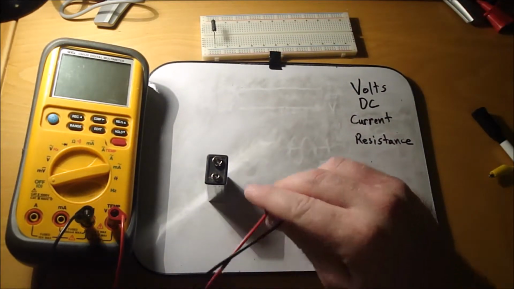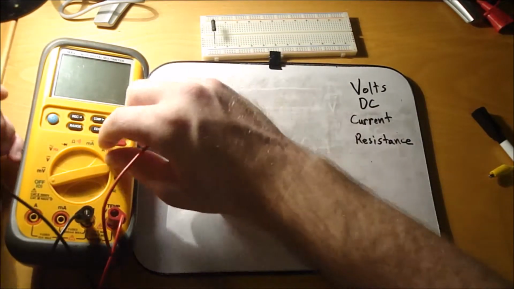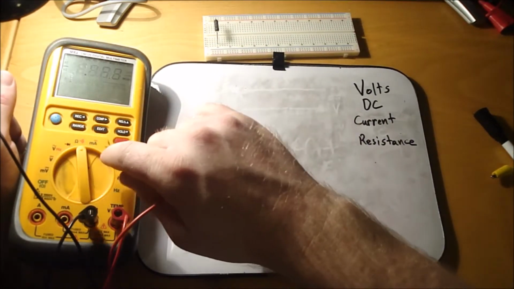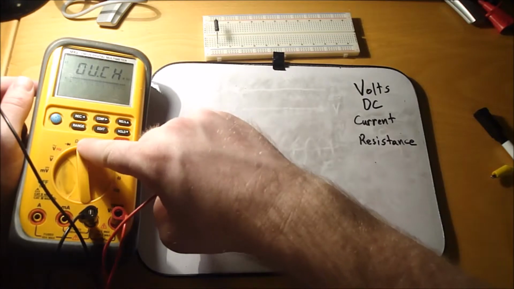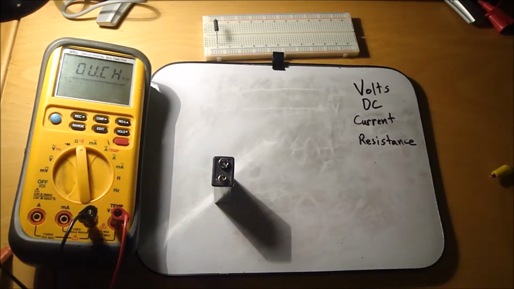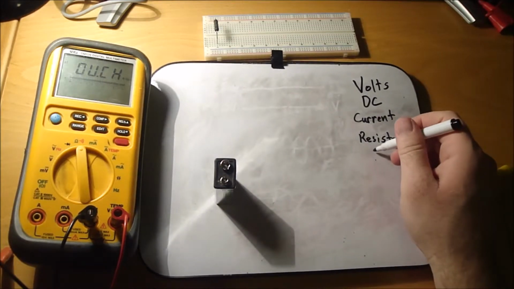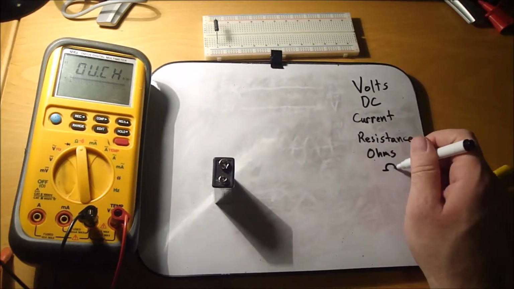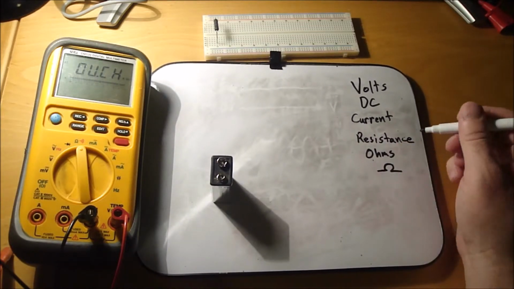So let's just show you an example. So that's a 1000 ohm resistor. Switch my voltmeter over here to the ohm symbol. So resistance is measured in ohms, and the symbol for that is right there.